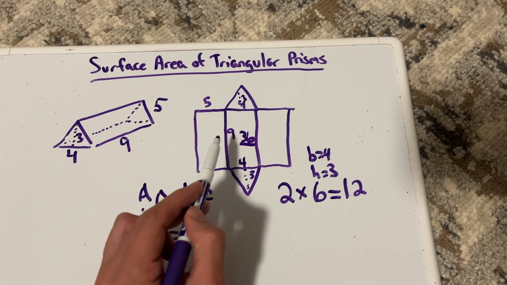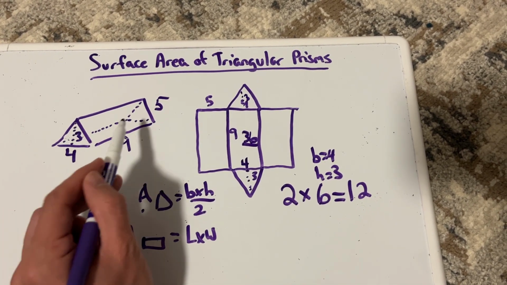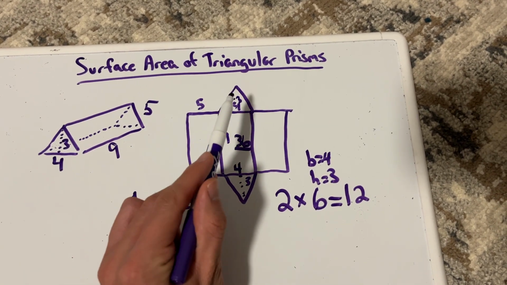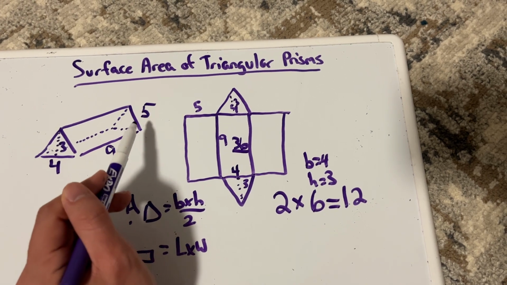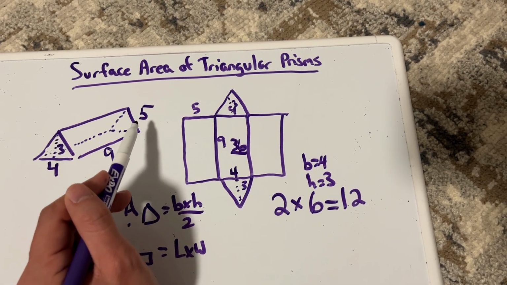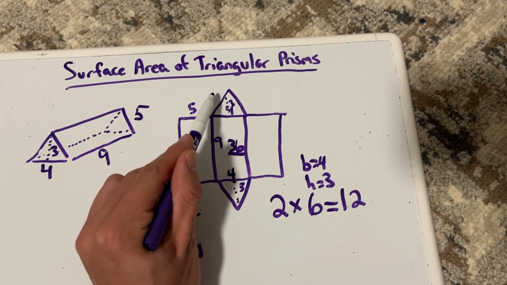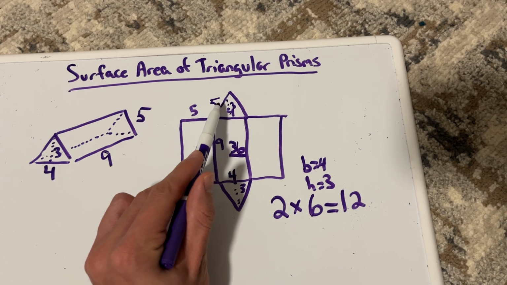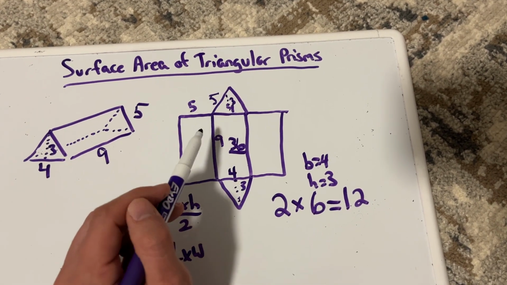And then that means these two faces, the ones that connect on top, are the same. Since this side of the triangle right here shares the width of the rectangle, these are going to be the same. These are both going to be 5. But that 5 is not relevant to the triangle.